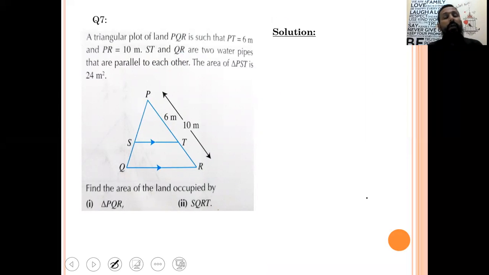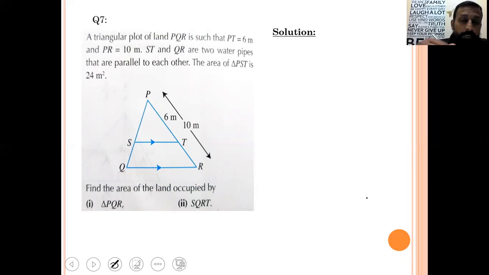Question number 7. A triangular plot of land PQR is such that PT is 6 meters and PR is 10 meters. ST and QR are two water pipes that are parallel to each other. The area of triangle PST is 24 meter square. Find the area of PQR.